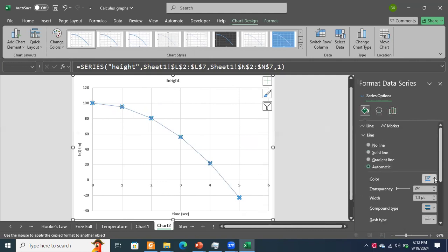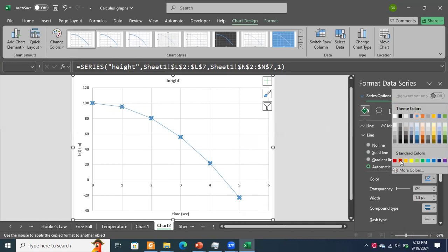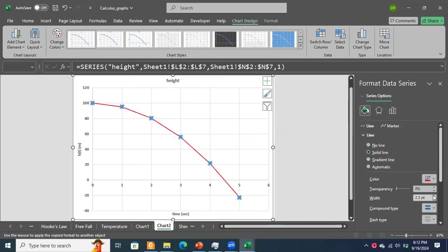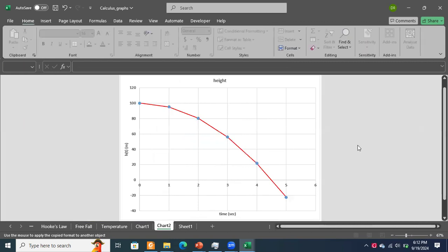For the line, I use a different color and improve its visibility by increasing the width of the line. So we have got 1, 2, 3, 4, 5 distinct segments. And for each segment, we can calculate the rate of change, which is the average velocity.